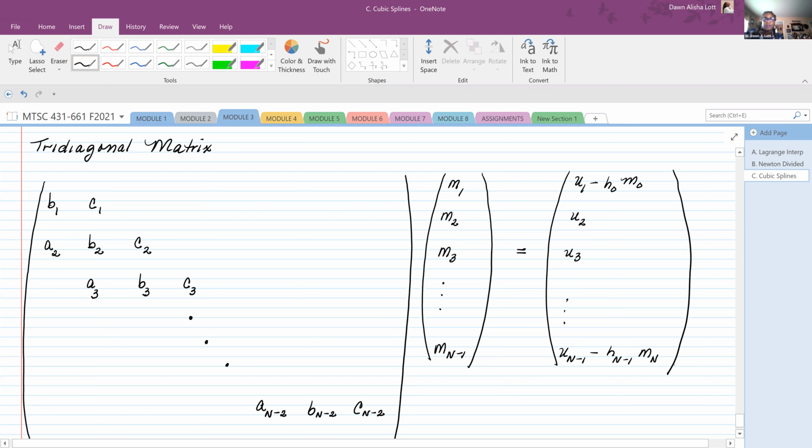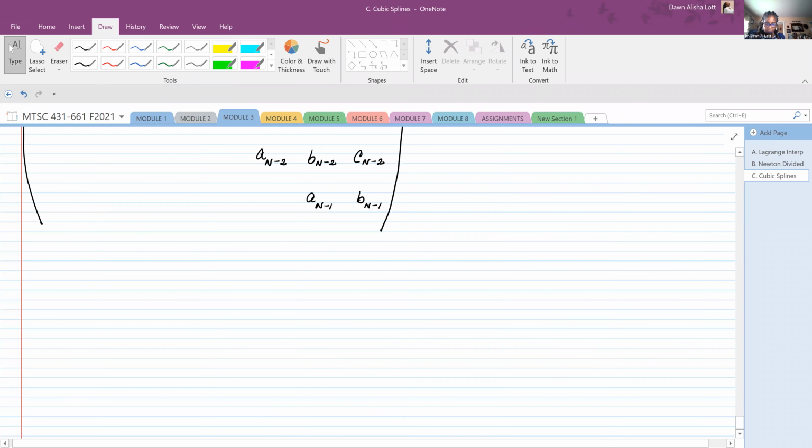And now you just solve. Okay. And then when you're done, you have your cubic spline. And remember that, so this is the big thing. You have to remember that Sk of x is its defined spline on its interval.